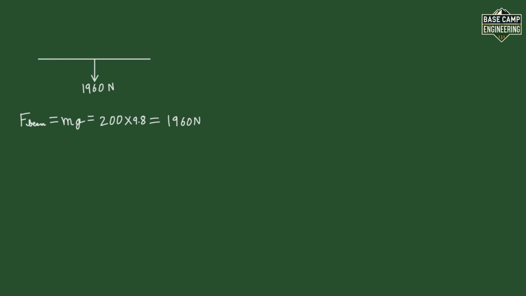Additionally, a 1000 newton concentrated load is applied downward at the midpoint. The beam is supported at both ends, a hinged support at the left allowing rotation but not translation, and a roller support at the right allowing horizontal movement but not vertical. These supports exert reaction forces Ra at the left and Rb at the right, both upward.